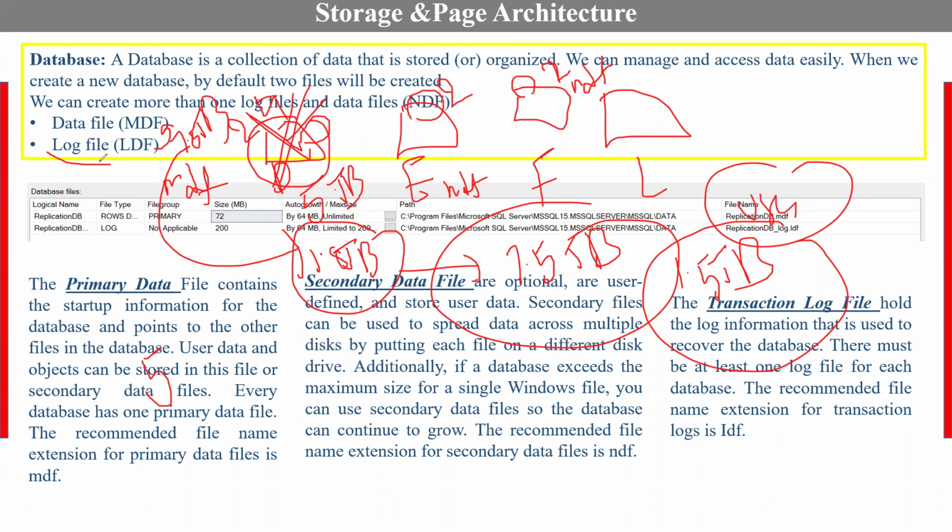So three things are very important. Once you install SQL Server, you need to create a database and grant the permissions. Once you grant the permission, they will start loading data into the database, and they can perform create, insert, update, delete, whatever they want. Whenever you create a database, two files will be created: one is the data file, one is a log file.